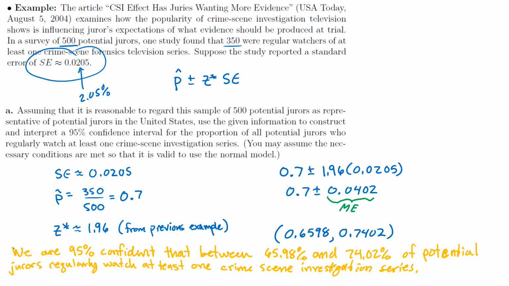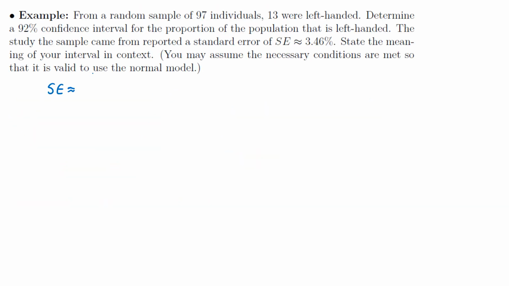It's just the decimal form of the percent. And it's the decimal form that we're using in this formula. So if they happen to report to you the standard error in percent form, make sure you convert it back to decimal form before you try using it in your formula. Otherwise, you're going to get a very strange looking interval.